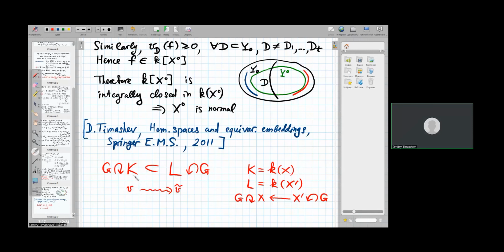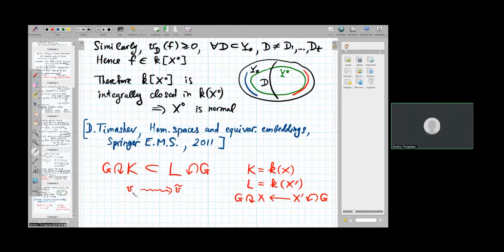So your setting is like this. You have an inclusion of fields. You have a compatible action of some group G on both fields. And you have a G-invariant valuation on one, and your question is whether it is possible to extend it to a G-invariant valuation on the other. Well, yes. I don't think that it is true in this generality.